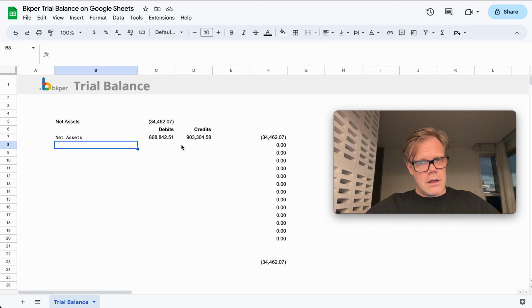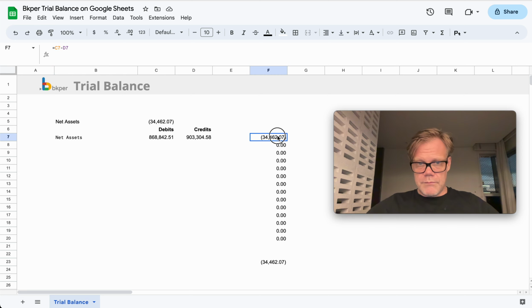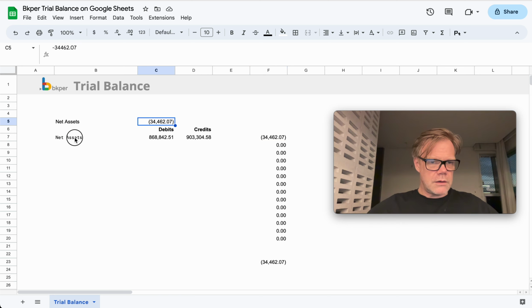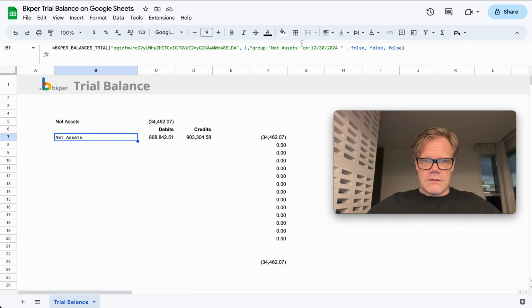Okay, so you see that the sum is the same, for the total as well as the debits and credits. Okay, apparently this year we had a loss, and now let's have a look.